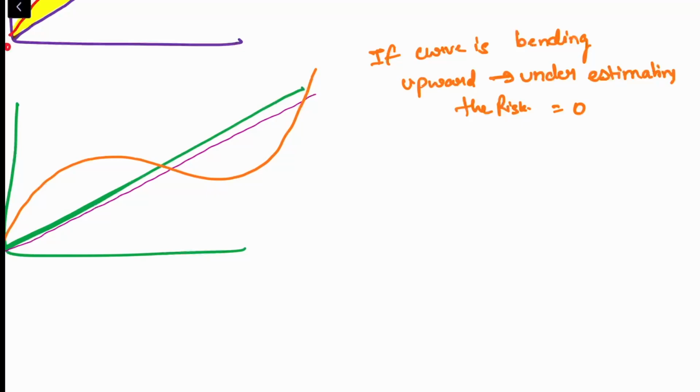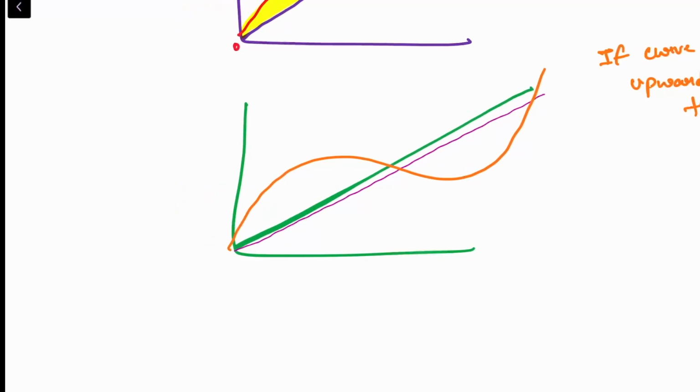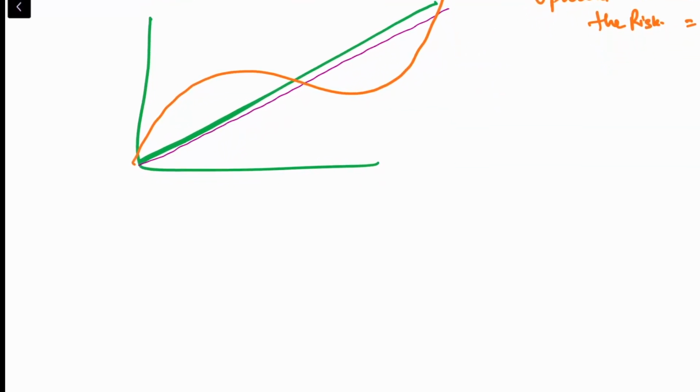And if it is downward, it is overestimating the risk, where values are close to 1. This is your point number C.